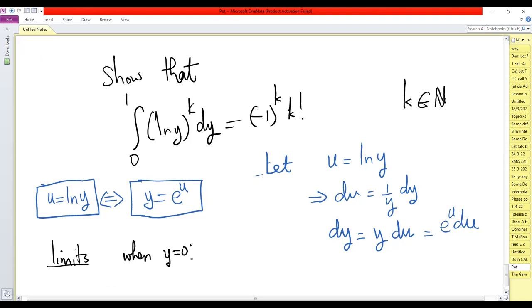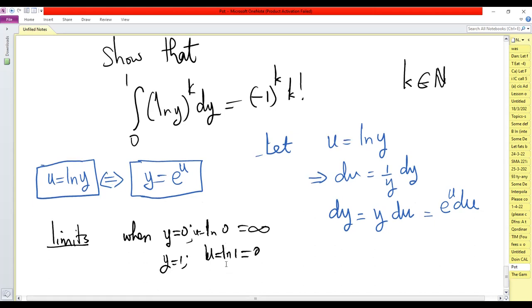When y equals 0, then ln of 0 is negative infinity, which is u is negative infinity. And when y equals 1, u will be ln of 1, which is 0. So limits change.